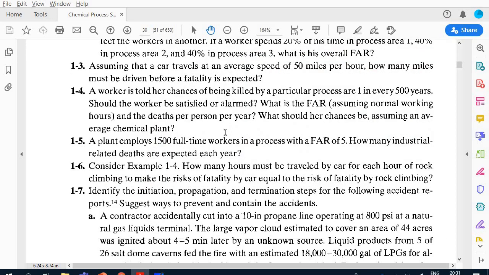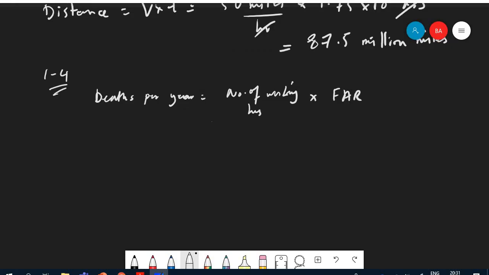Let me remember the question: they were asking about the FAR and the death per person per year. So we need to find that so that we can solve our problem. How can we find the FAR?